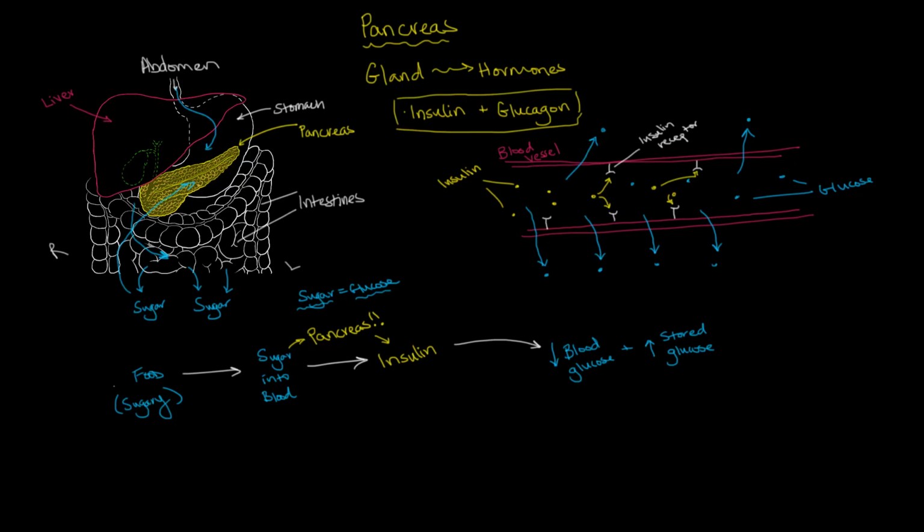Okay, so let's say you've eaten breakfast, maybe early in the morning, and your pancreas releases insulin to keep your blood glucose from getting too high after your morning breakfast. But after some time, you start to feel really hungry and your blood glucose is getting too low. So over time, your blood glucose drops very low.